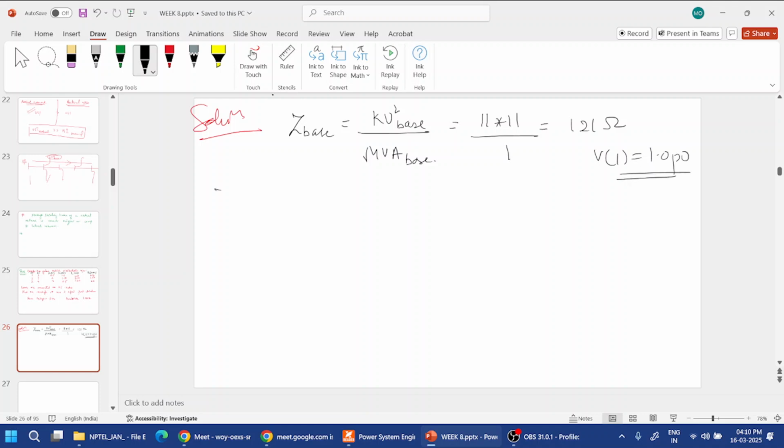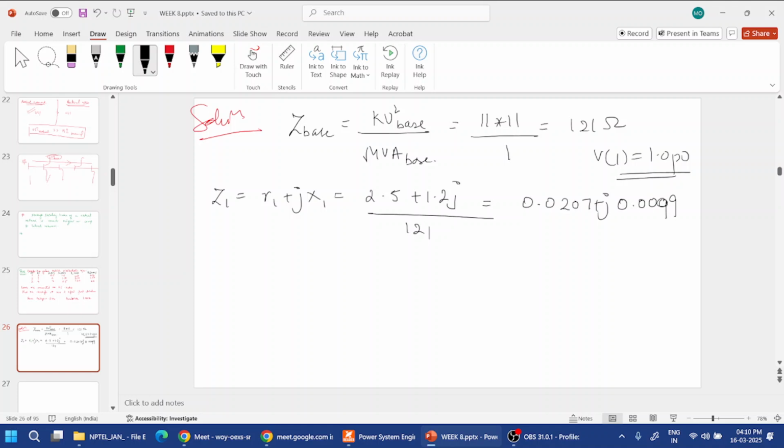Z1 is R1 plus jX1, which is 2.5 plus 1.2j. If we convert to per unit, we divide by the base value. Solving it comes out to 0.0207 plus j0.0099.